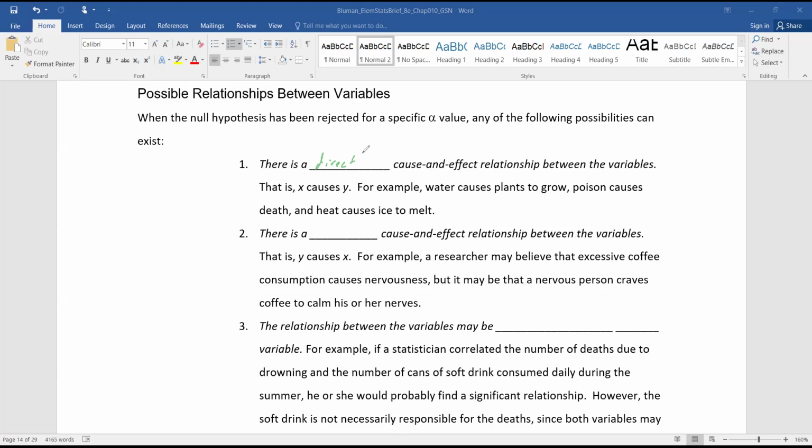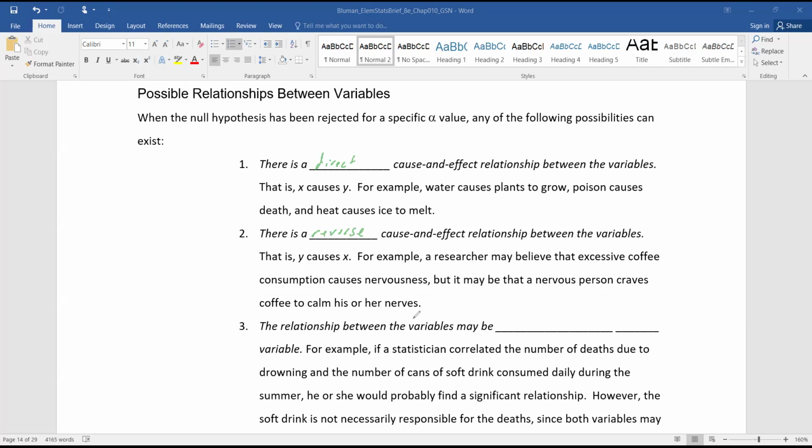The heat causes ice to melt. The second thing we can see is there is a reverse cause and effect relationship between the variables. That is, Y causes X. For example, a researcher may believe that excessive coffee consumption causes nervousness, but it may be that a nervous person craves coffee to calm his or her nerves down.